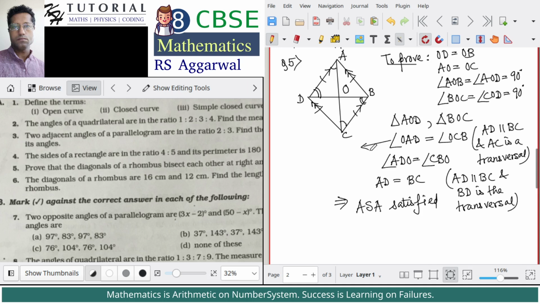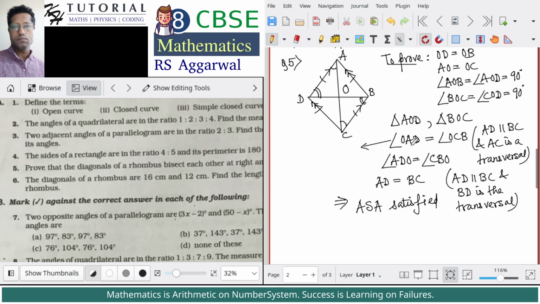This can be confusing, because angle A also means the angle A of the rhombus, and angle C also means an angle of the rhombus.